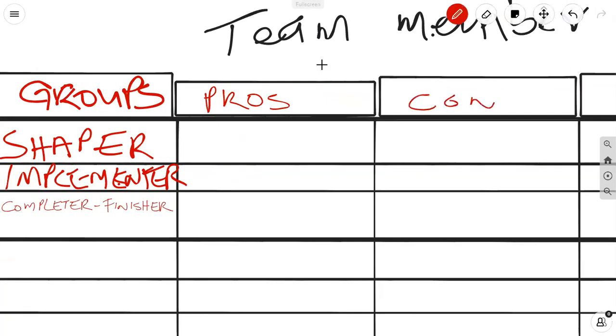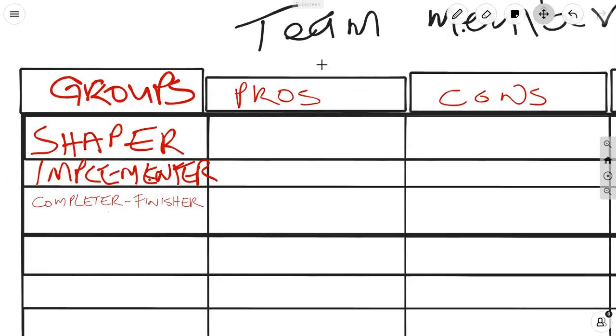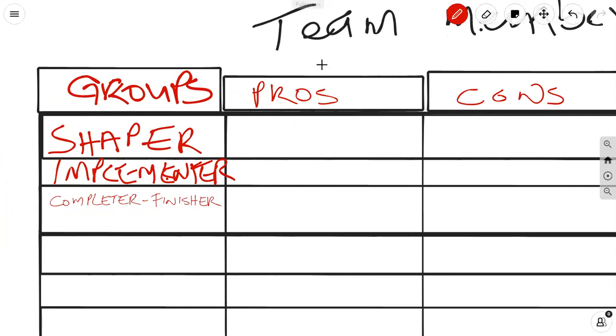We have pros and we have cons. So, thinking about the shaper, what is a pro of a shaper? What is one of the good things about a shaper? Well, one of the good things about a shaper is that work actually gets done.